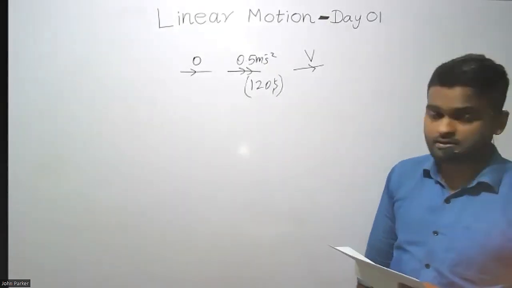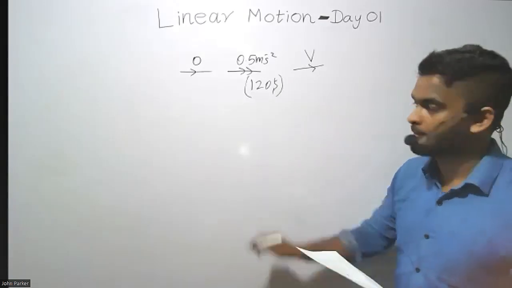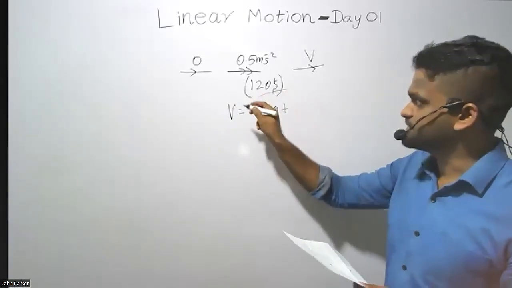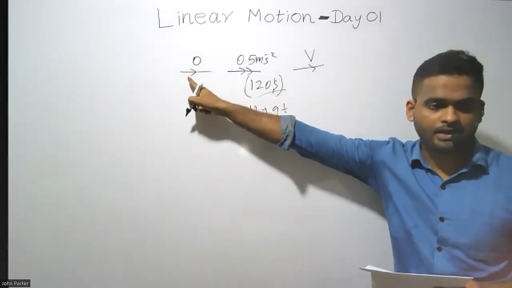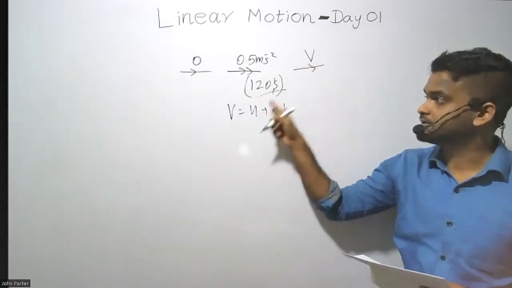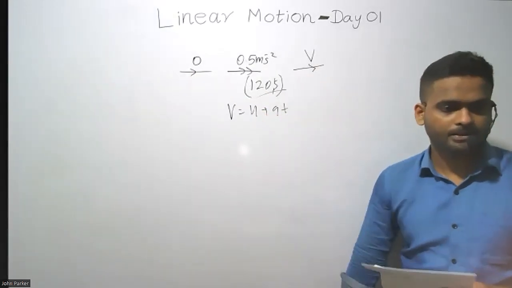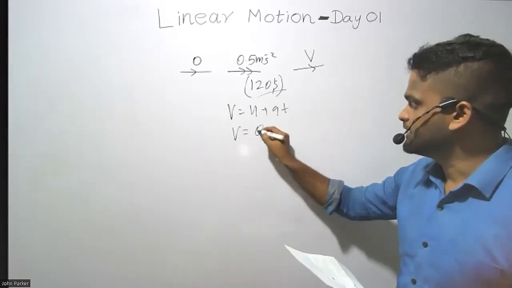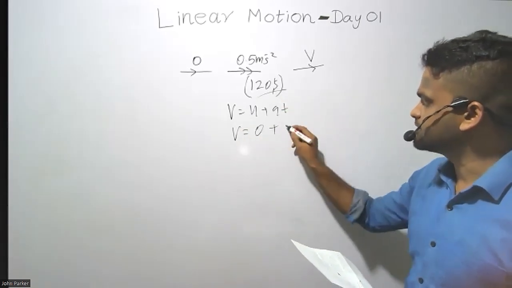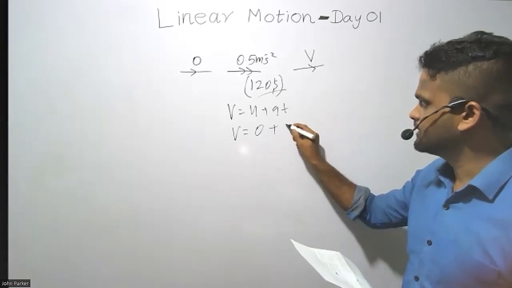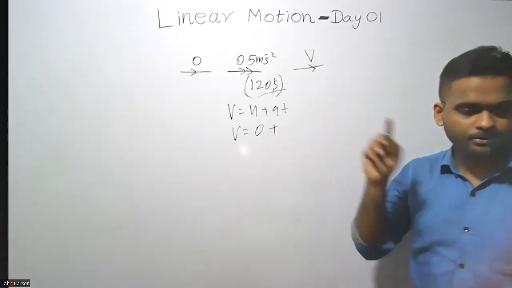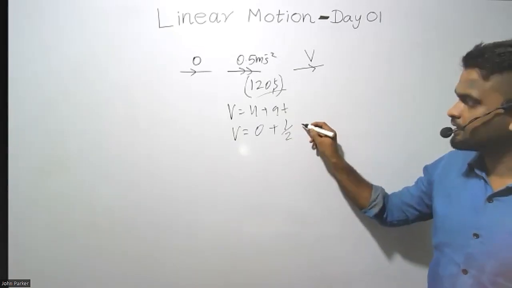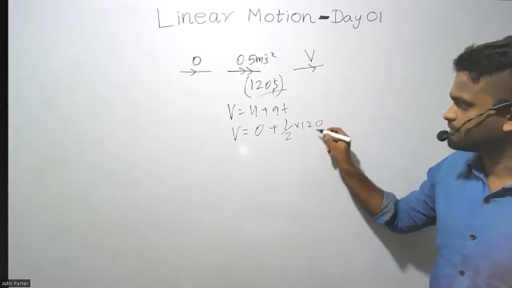So what's the velocity? Time is there, acceleration is there, initial velocity given. So obviously this equation, right? Initial velocity 0, acceleration 0.5. What is 0.5? 0.5 is half, right? Use this. Time is 120.